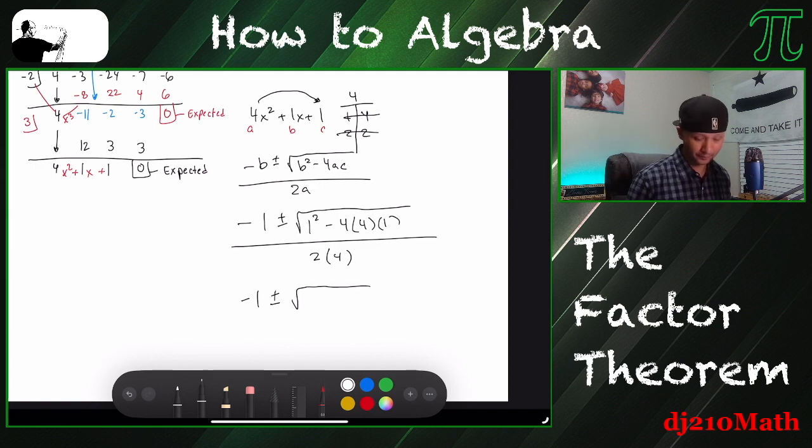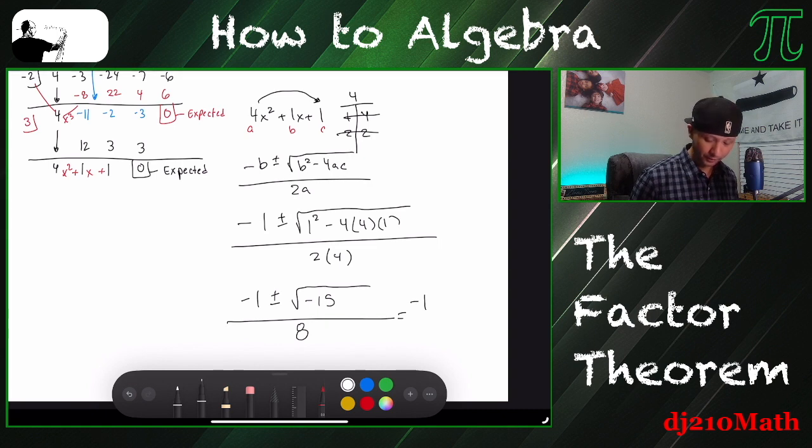So 1 minus 16, which is -15, all over 8. We're at the answer right now. It's mate in 1, for those that play chess. So the solution is -1 plus or minus root 15 i, because of the negative inside the square root, all over 8.